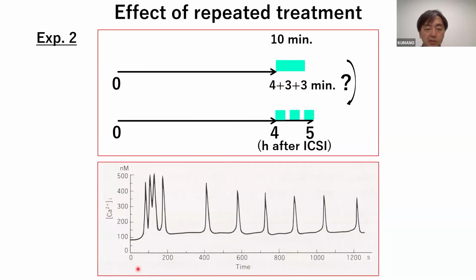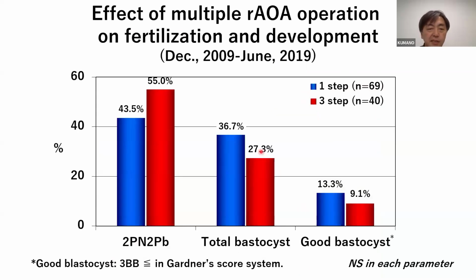It mimics calcium oscillation. As a result, even after 3 steps of calcium treatment, all parameters, namely normal fertilization, total blastocyst, and good blastocyst, were not improved further.